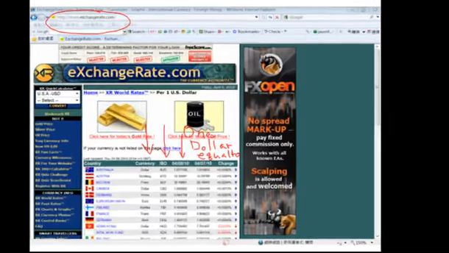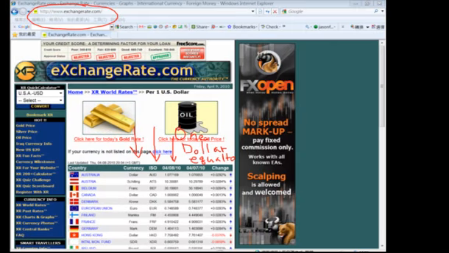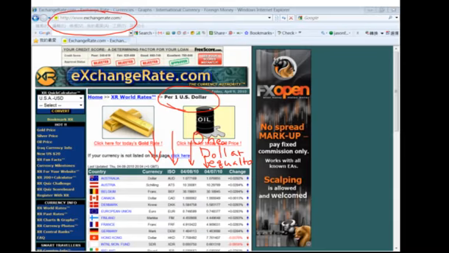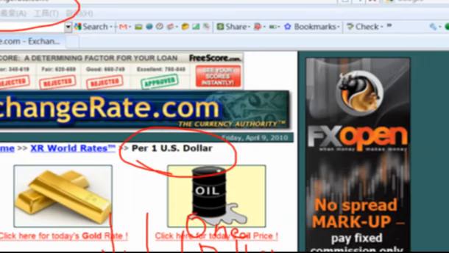Third is today's price. Fourth is yesterday's price. Then you have the difference between yesterday's and today's price, which is the change. All prices are quoted per US dollar.